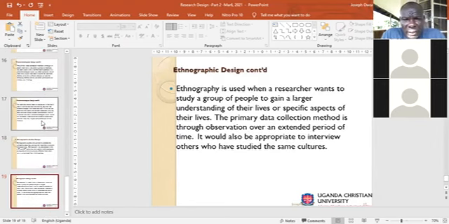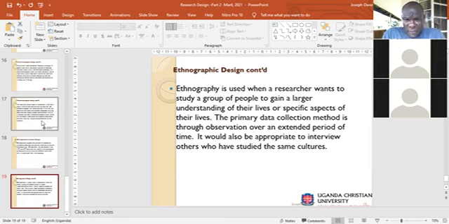So ethnography is used when a researcher wants to study a group of people to gain a larger understanding of their lives or of specific aspects of their lives. The primary data collection method is through observation over an extended period of time. It would also be appropriate to interview others who have studied the same cultures.